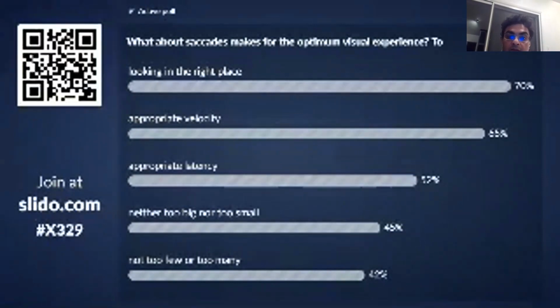Hyper means saccades that are too big, and hypo means too small, so in that case they have to make catch-up saccades. You also can't have too many saccades or too few saccades. If there are too few, that means your brain is telling your eyes to make a saccade, but your eyes are not making it. Again, it comes down to apraxia or increased latency.